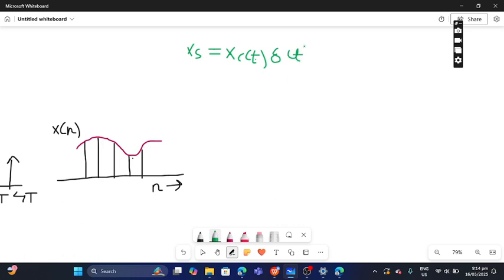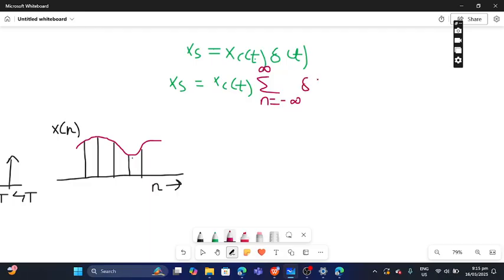Now I have told you that the value of delta of t was the summation over n equal to minus infinity to infinity of delta of t minus nT.